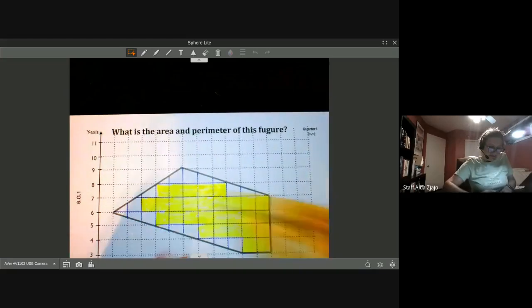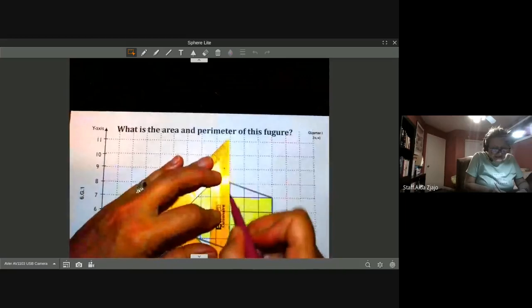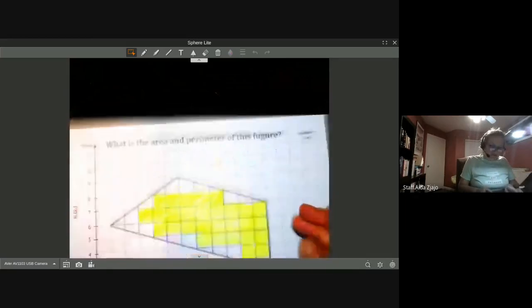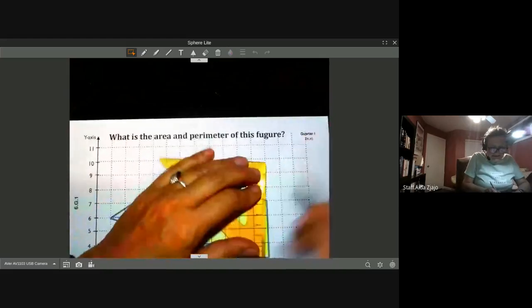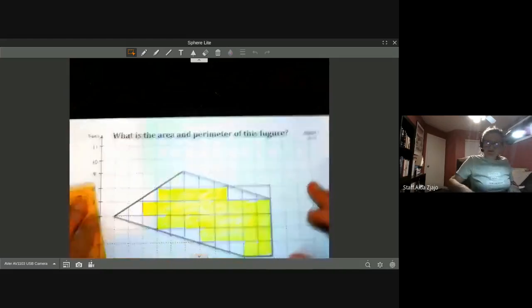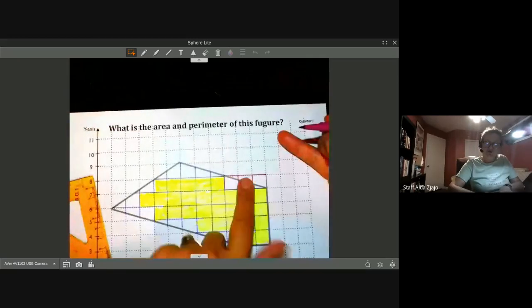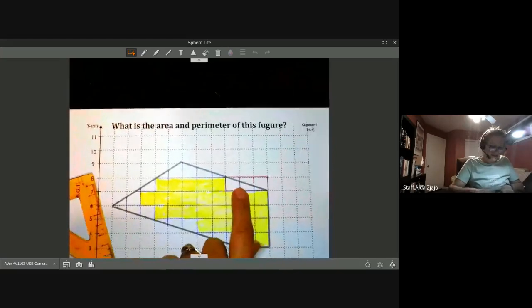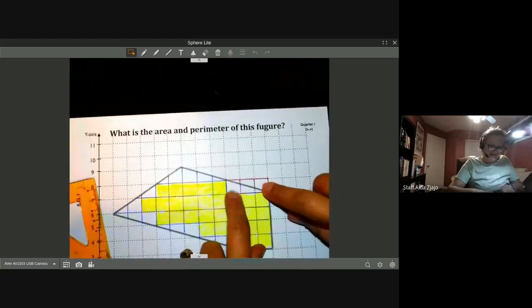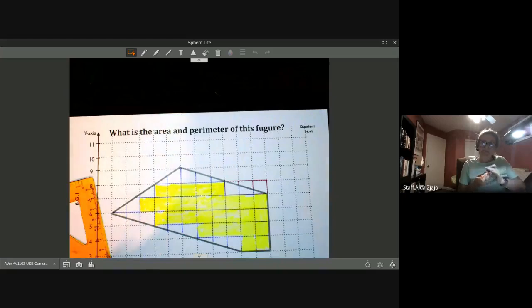So I can see here that this is one triangle. If I create a rectangle around that triangle, my rectangle would be 1, 2, 3 square units. Because this rectangle is 3 units, half of the rectangle is my triangle, so the triangle must be 1.5.